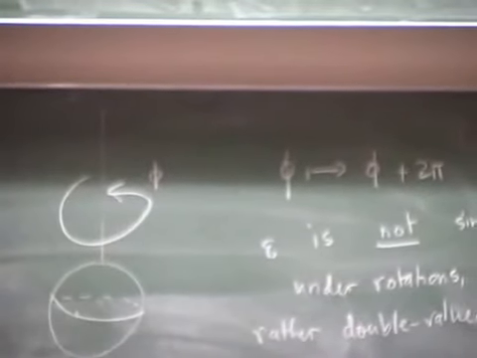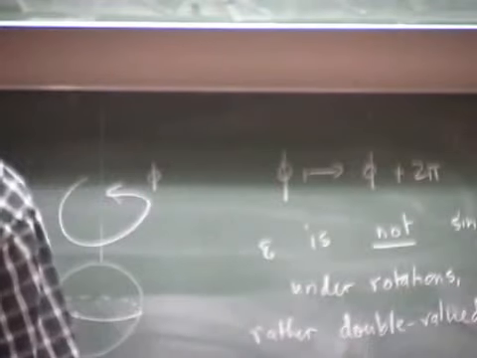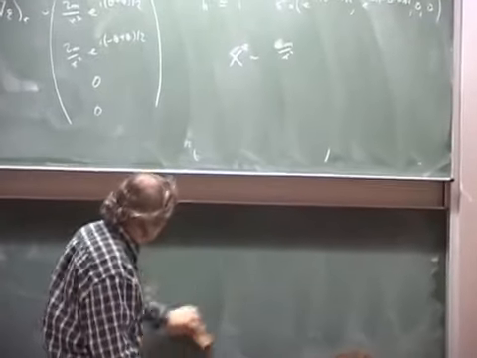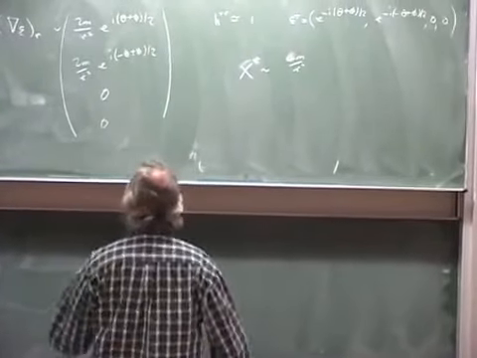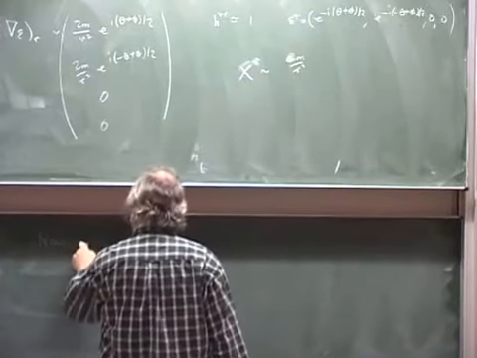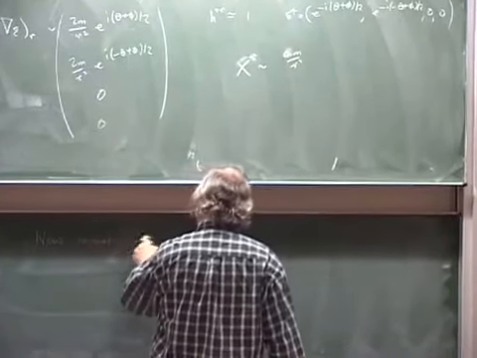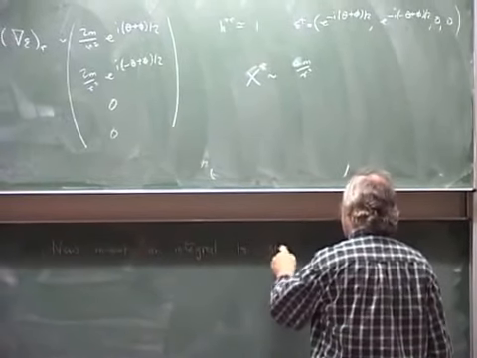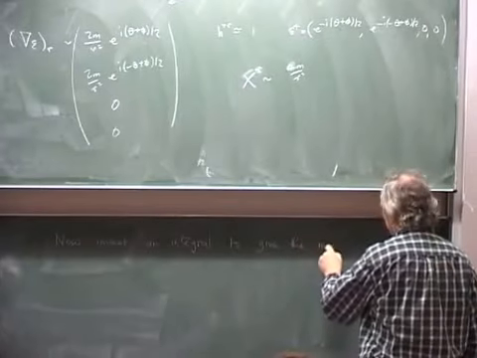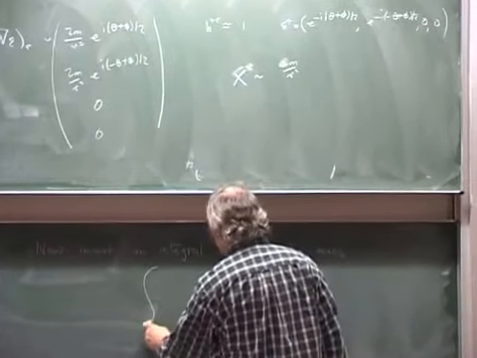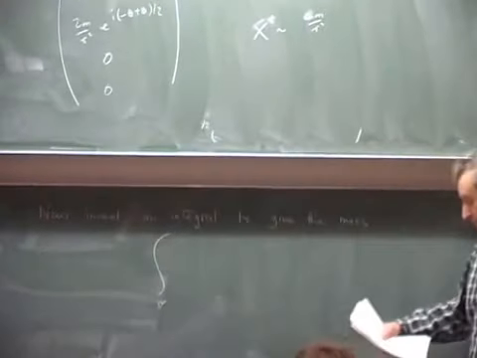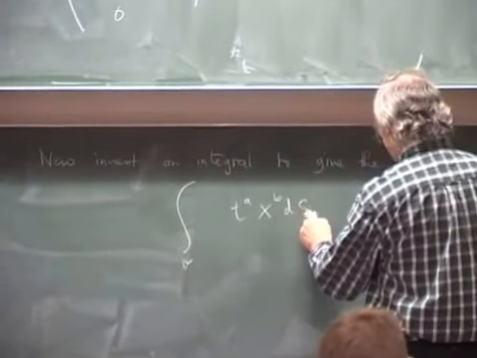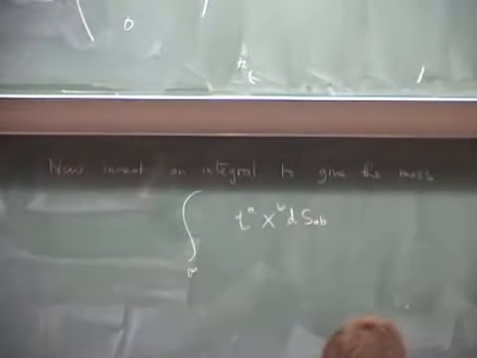Now you could invent an integral over infinity, exactly the same way that we did for the Komar formula. You integrate over a sphere at infinity, Ta xb ds ab, and that will give you the mass.